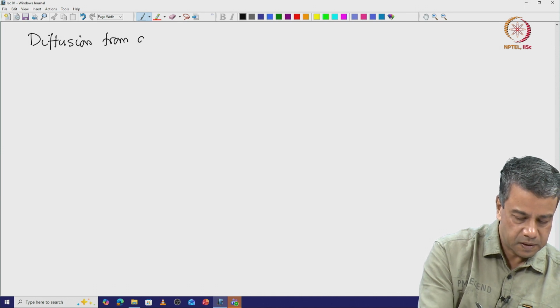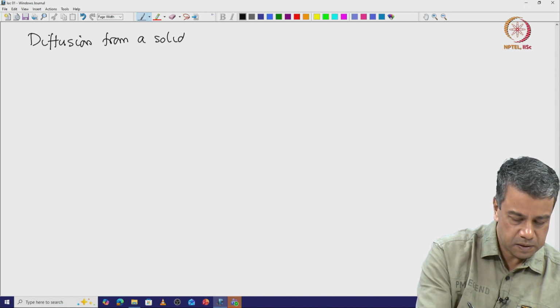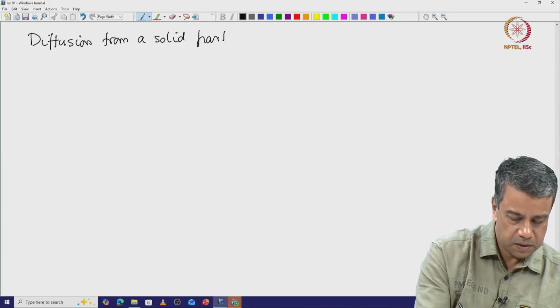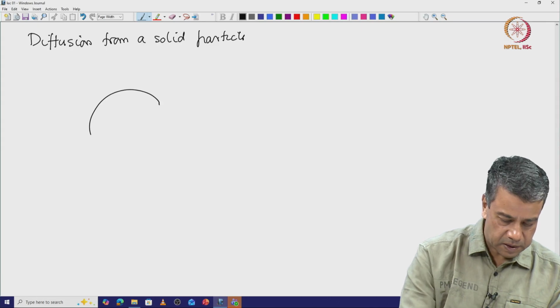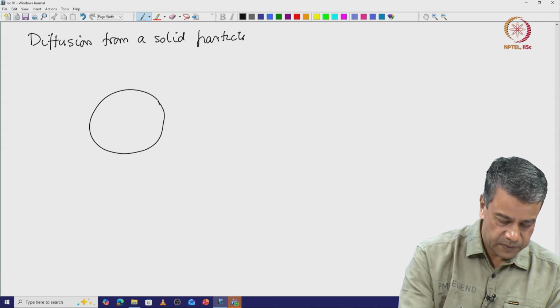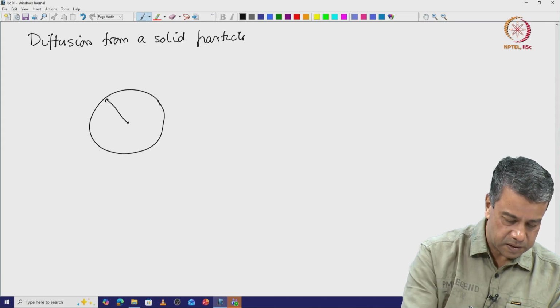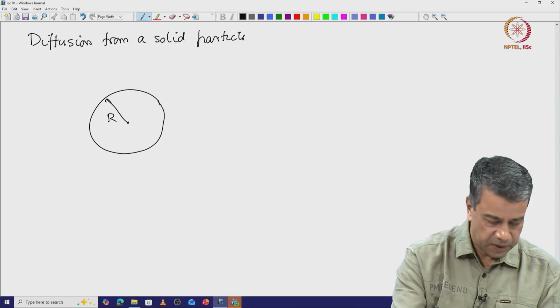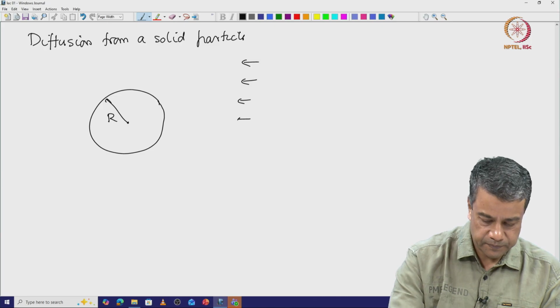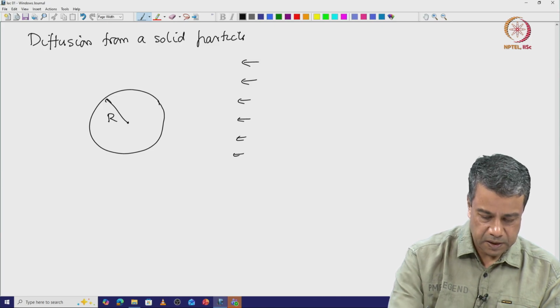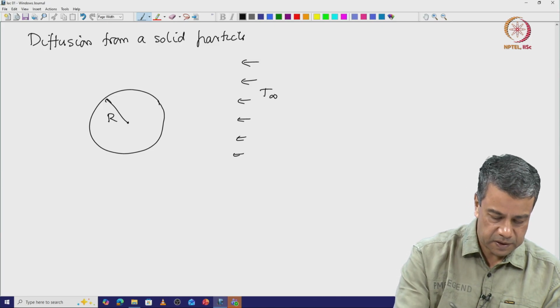from a solid particle. I have a solid particle of radius r, and there is a free stream velocity far upstream. And far upstream the temperature is T infinity.